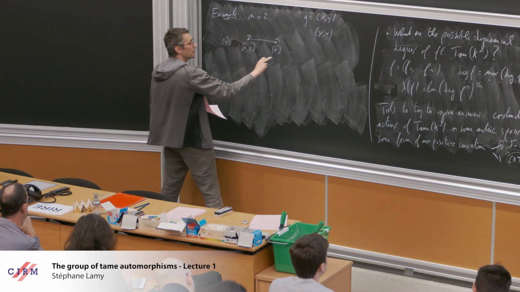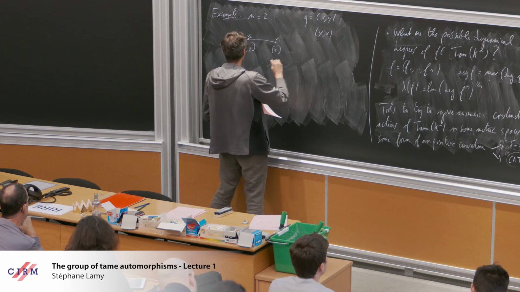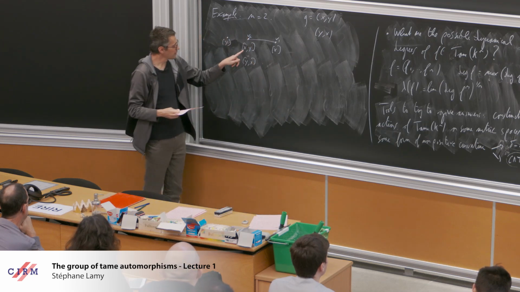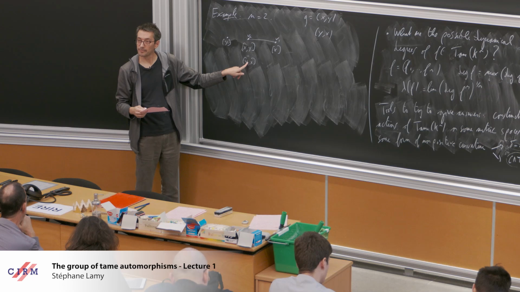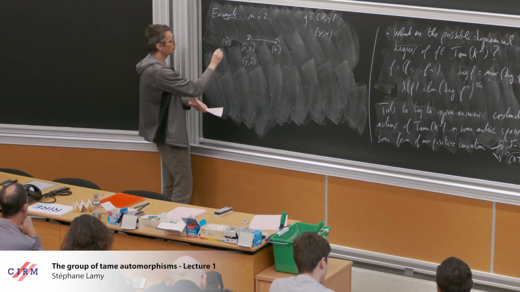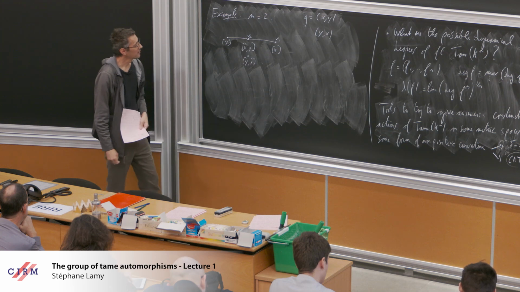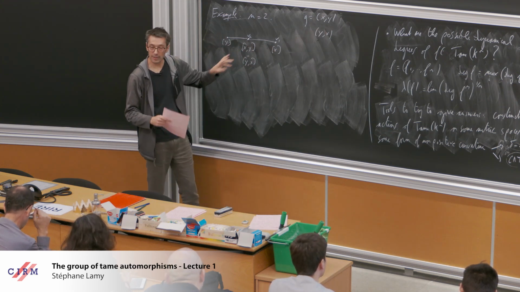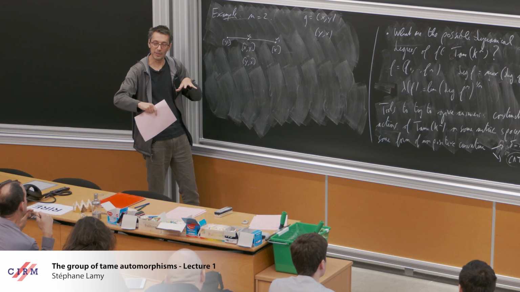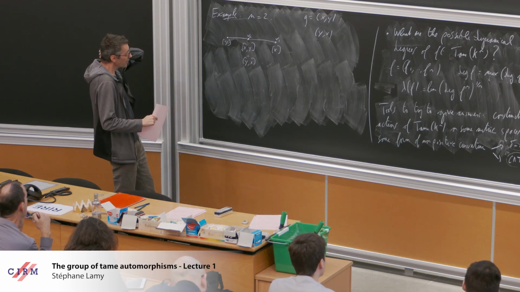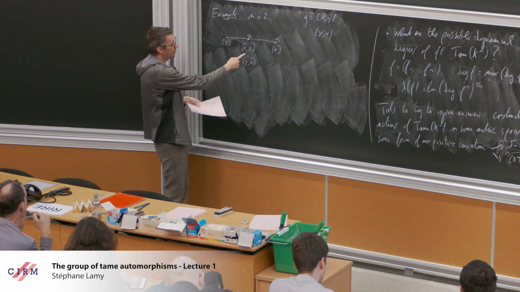But this one is the same as this one, because going from here to here is an affine map. So the 2-dimensional one is the same, but the 1-dimensional one is not. So you get this simplex starting from here, you see there is a common point, and you get something connected at the end.